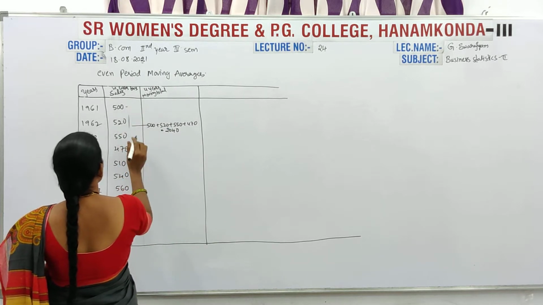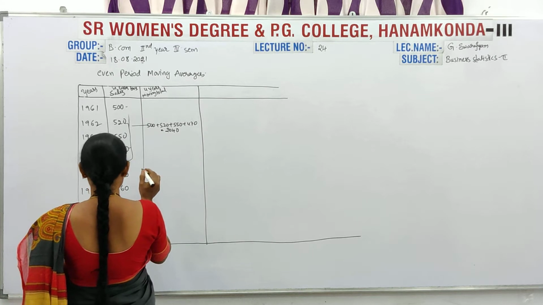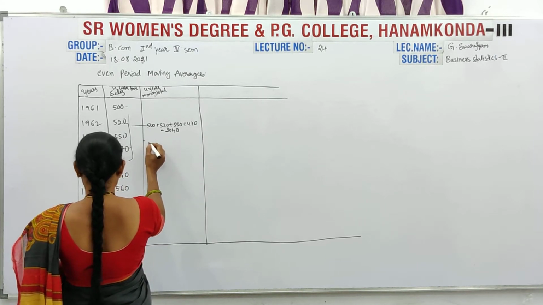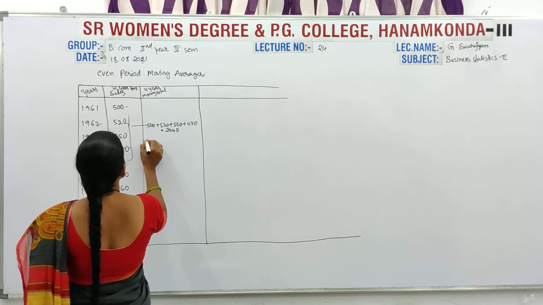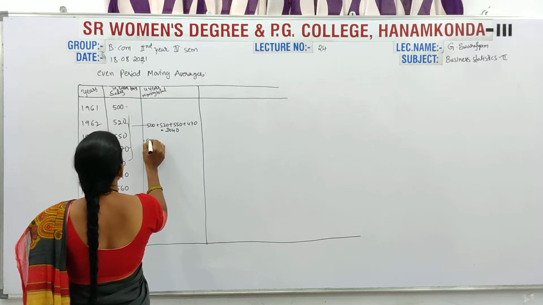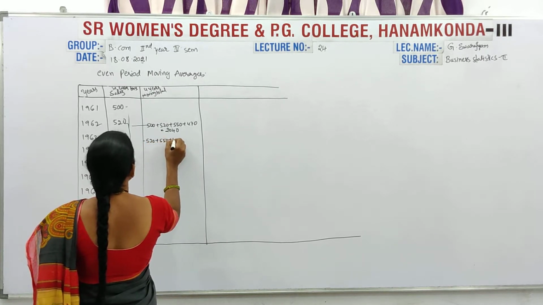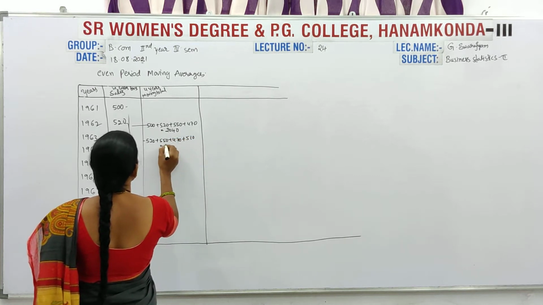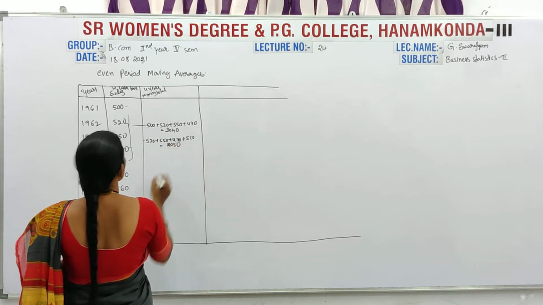Next, 520 plus 550 plus 470 plus 510 is equal to 2050.